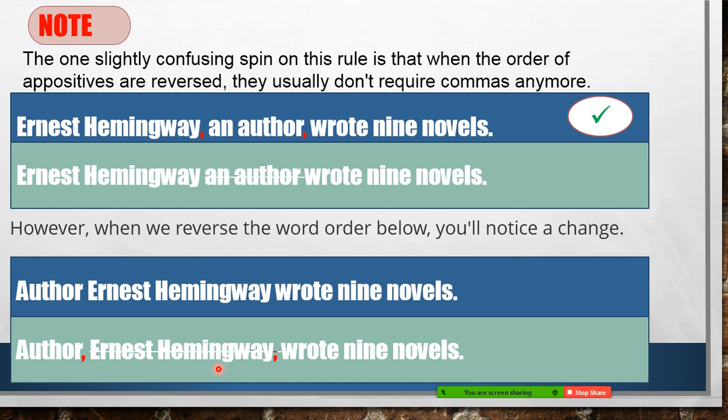So you didn't specify the person for me. So why are you putting Ernest Hemingway between two commas? That means Ernest Hemingway here is essential for the meaning of the sentence. So which one of them do you think is the correct structure, the correct punctuation? The first or the second? The first, of course, that's right. So the first one is the correct one.